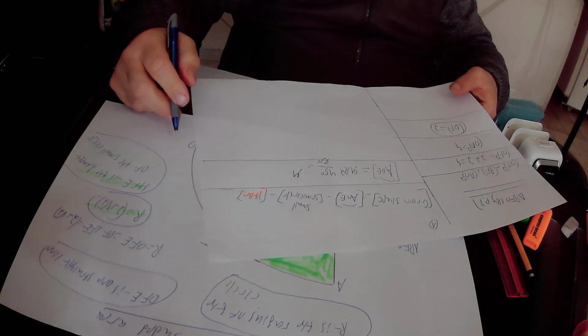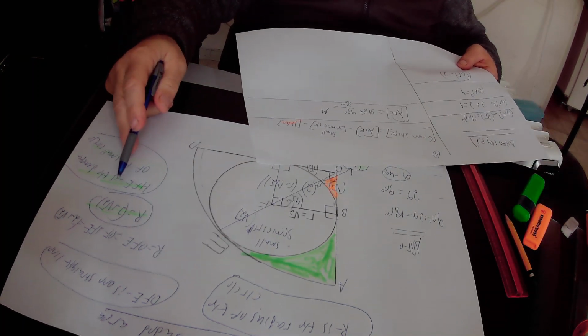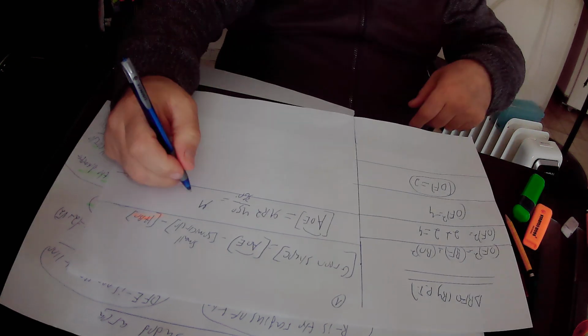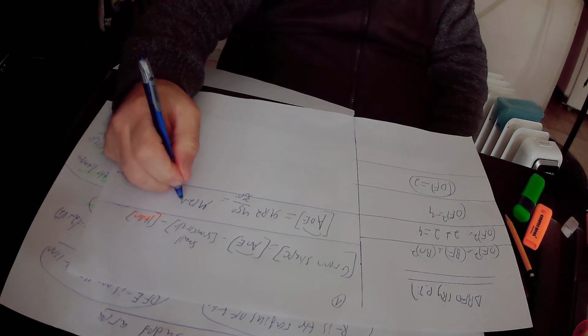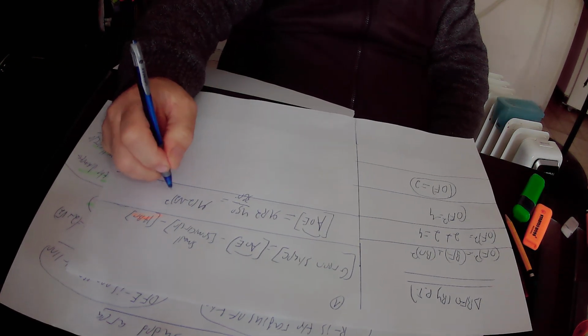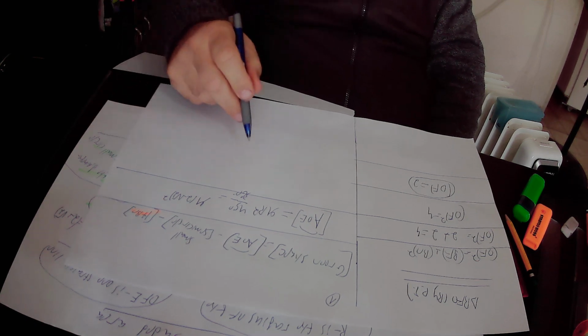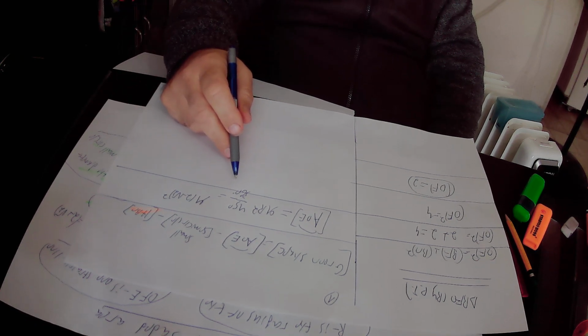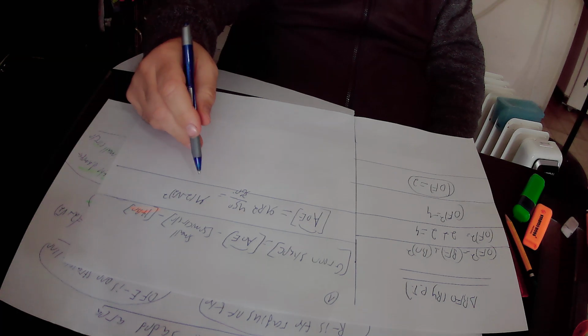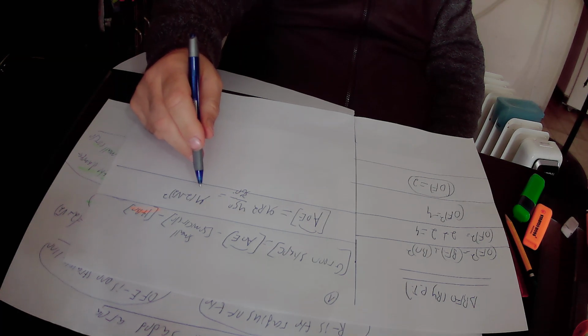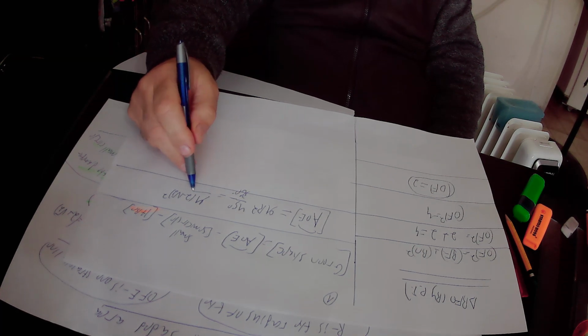We found out that capital R equals 2 plus square root of 2, therefore capital R squared equals 2 plus square root of 2 squared, times 45 over 360, which is 1 over 8. So you have to divide the area of the big circle by 8.